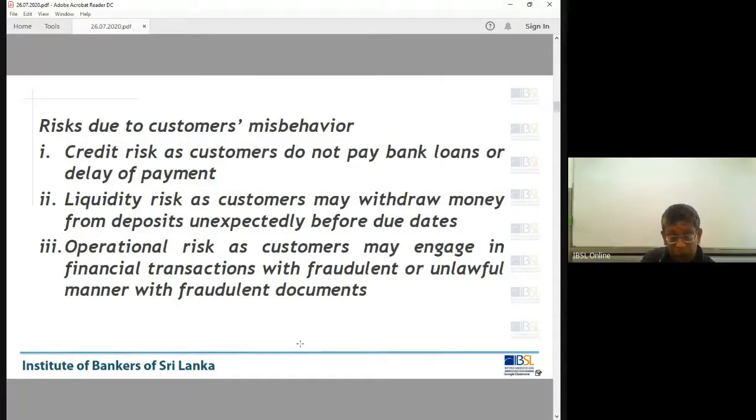So because of customers' behavior, banks need to face some risk, and because of banks' issues, customers may face some risk. So we discussed two angles. One is what risks customers face because of the bank. The other way around, customers' misbehavior gives rise to some risk for banks. So both aspects we discussed: the risk of banks and the risk of customers.